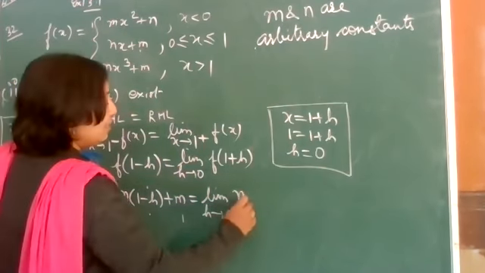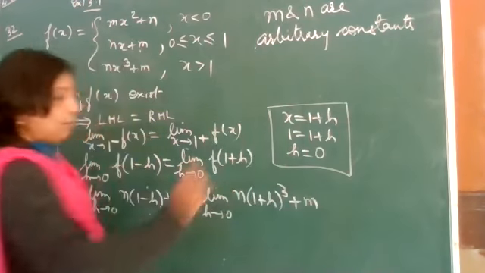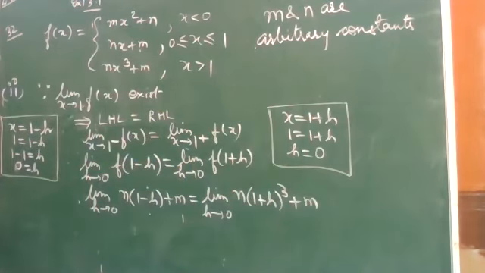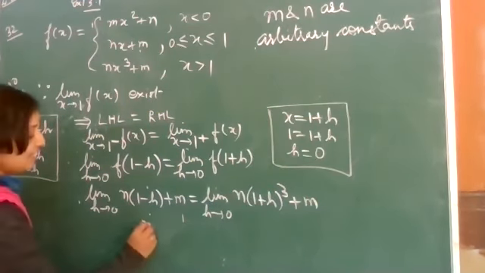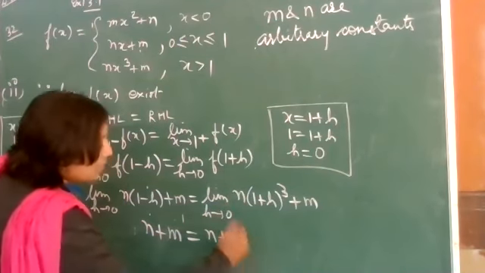Yes. And (1 plus h) whole cube plus m. Okay. Let's apply the limits. So if we apply the limit, what do we get? LHS is equal to RHS. n plus m equal to n plus m.